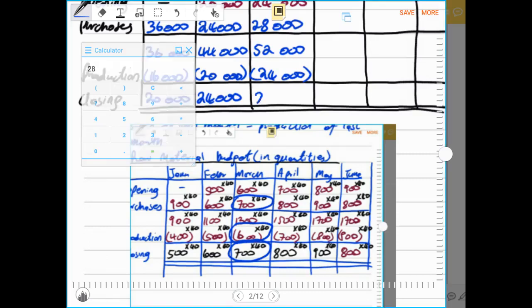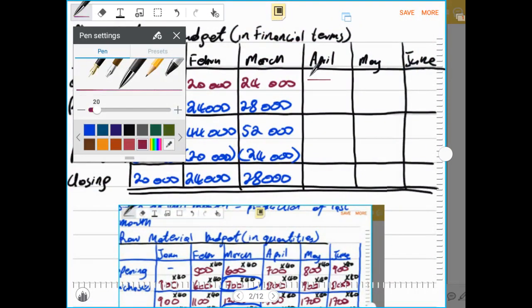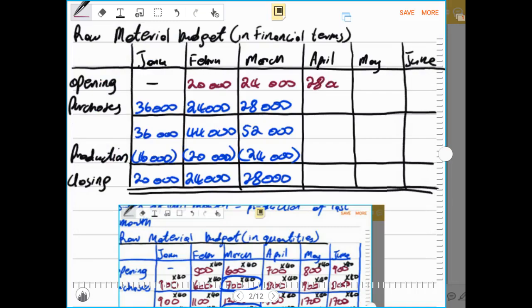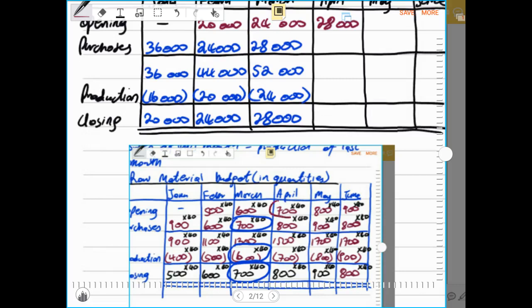So that will be 28,000, and 28,000 becomes an opening balance in the following month, and that 28,000 could have been 7,000 by 40. 7,000 by 40 is the 28,000 that you see once again.